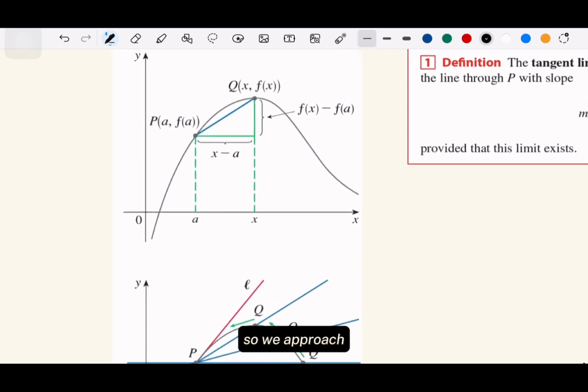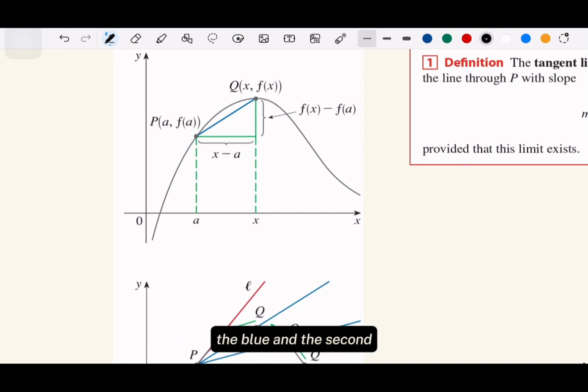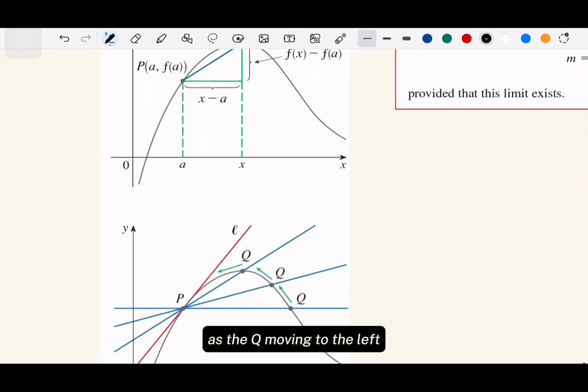So let's say we approach this point P from Q, and we can have a tangent. First maybe the secant, the blue one is the secant, and then as Q moves to the left, approaching this P, you see the line previously between P and Q is getting closer, and this blue line is getting closer to the red line.